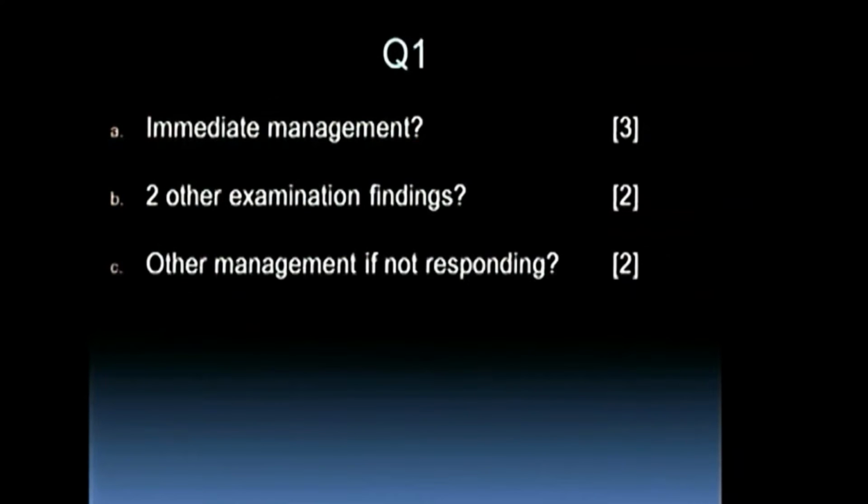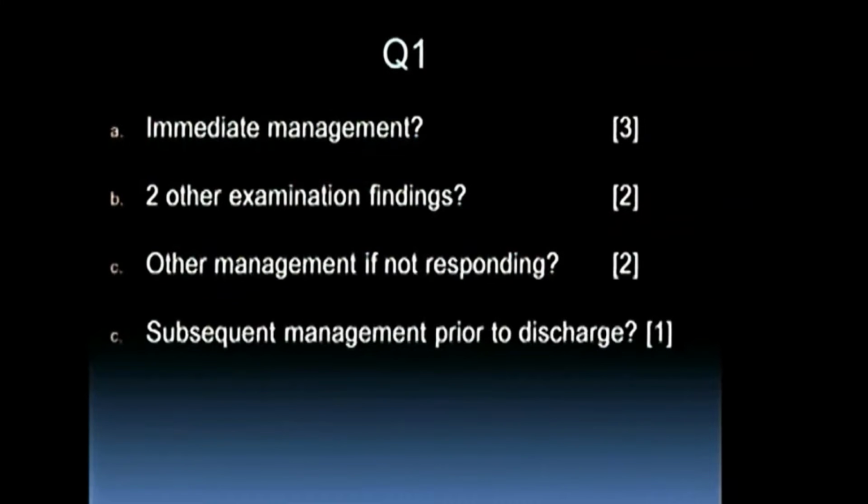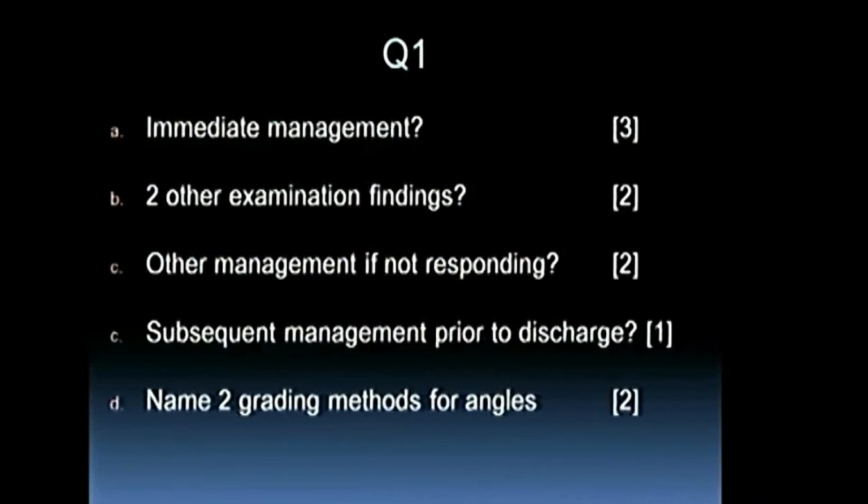What other things could you do if the patient is not responding to initial treatment? What treatment should you do before the patient goes home? And this is actually E. Name 2 grading methods for classifying angles.